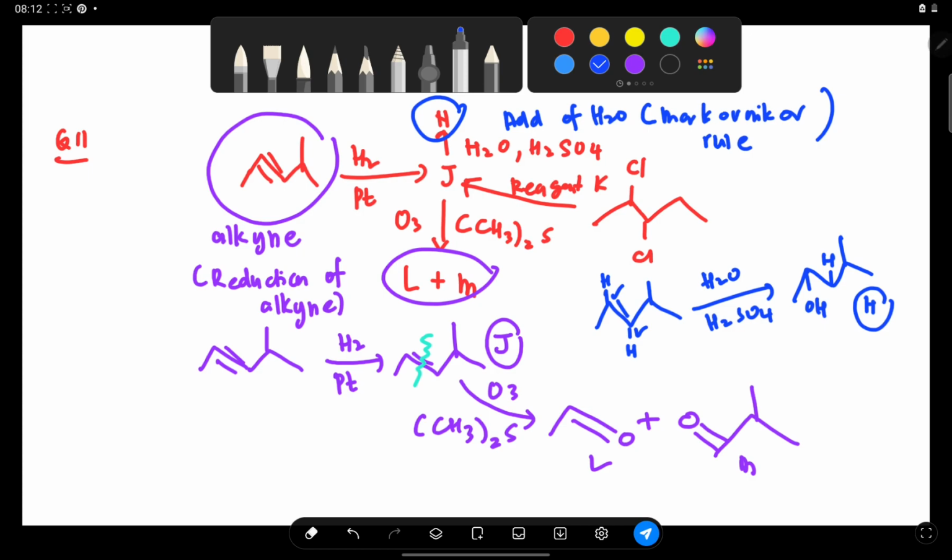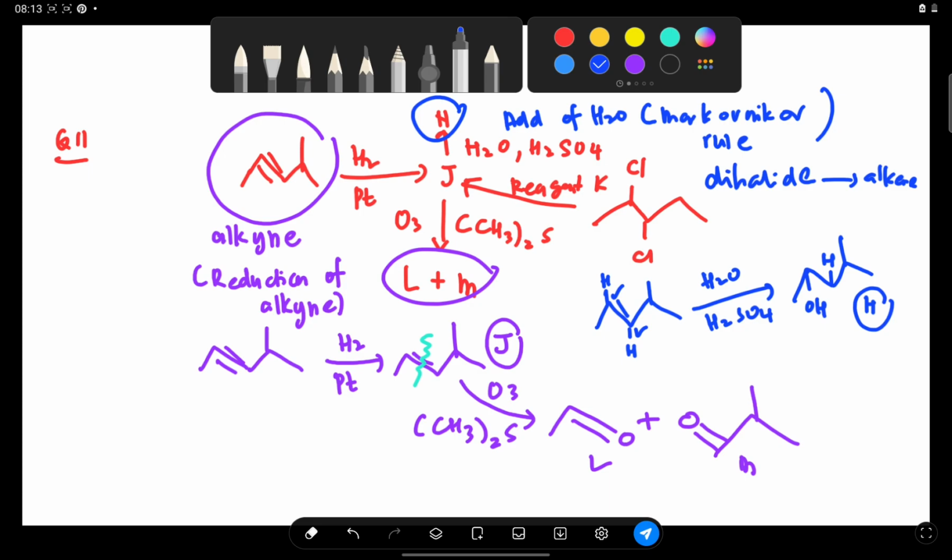So what is the answer for reagent K? Here you go from dihalide to alkene. Normally, what is the method of preparation that involves dihalide to alkene?